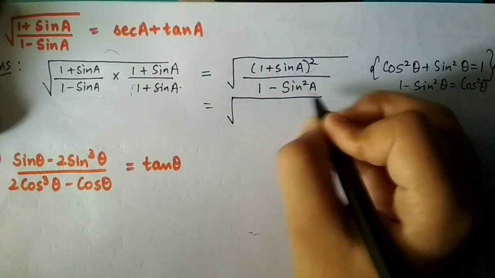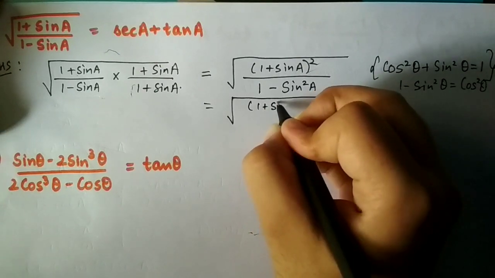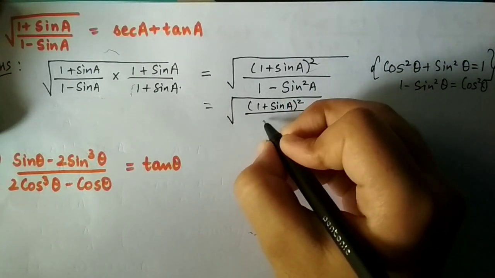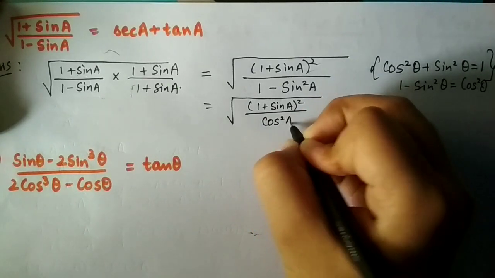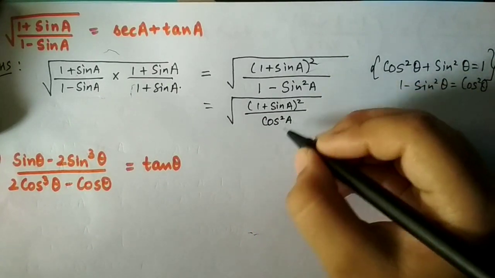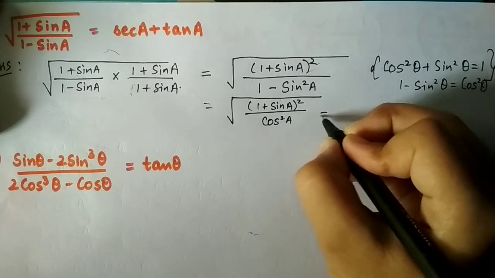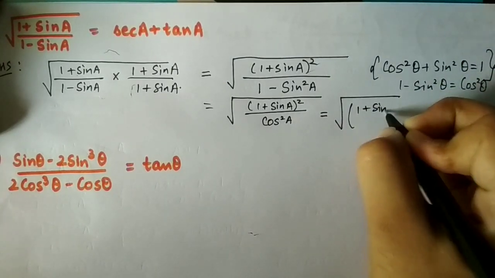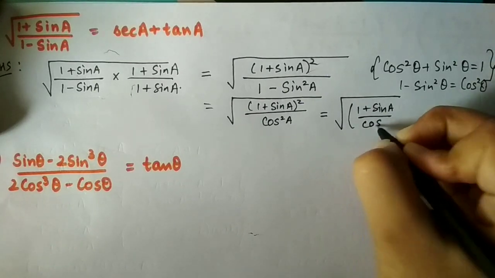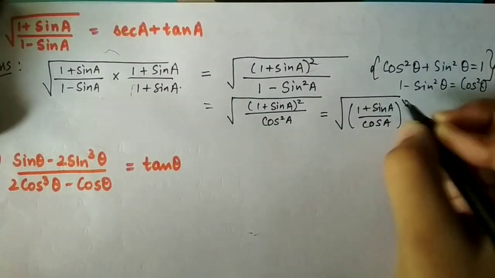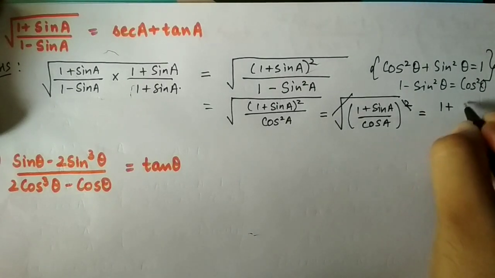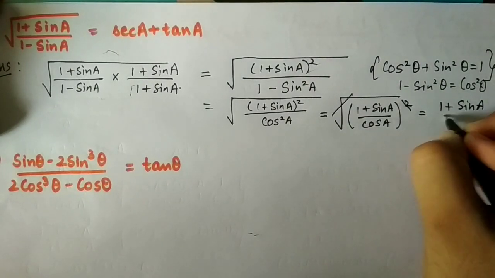So in the numerator you have 1 plus sin A whole square upon 1 minus sin square A, which can be written as cos square A. Now both the terms are having square, so you can write it as 1 plus sin A upon cos A whole square. So now your square and square root will cancel and you are left with 1 plus sin A upon cos A.